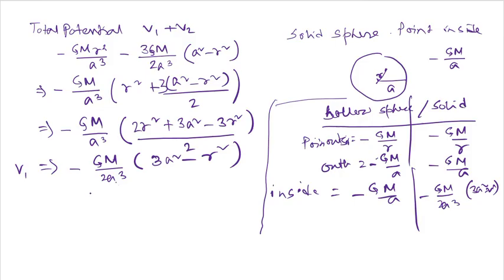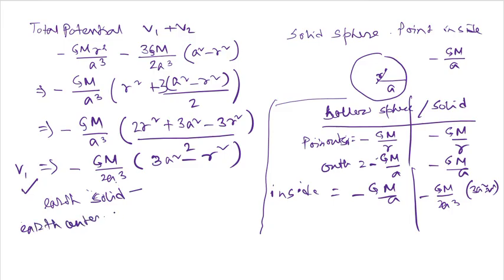So why did we calculate all these things? Because we need this potential for the solid sphere, as the earth is nothing but a solid sphere. So when we calculate the gravitational potential of the earth, that time we will use this potential for a point inside. Now for example, what will happen at the earth's center? What is the potential if I ask you?